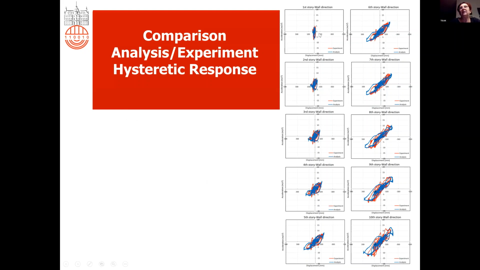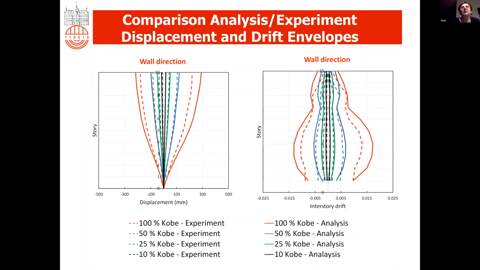This is the hysteretic behavior, and the acceleration and displacement response in all 10 stories in the wall direction. Also, the envelopes of the displacements and the drifts were reasonably good in the analysis.